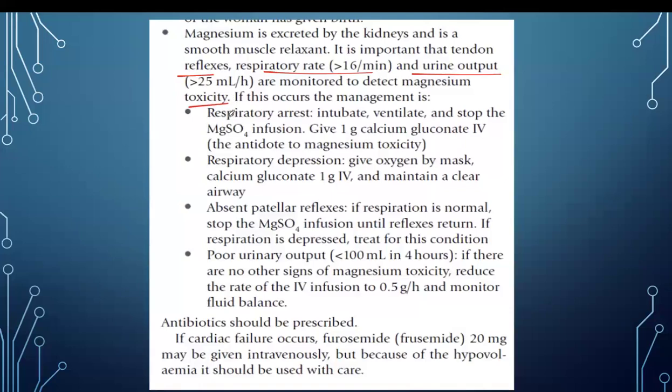If a patient who is on magnesium sulfate starts having respiratory arrest or respiratory depression, you stop the magnesium sulfate and give 1 gram calcium gluconate, because this is the antidote of magnesium toxicity. Okay, so if there is any respiratory depression or arrest, stop the medication, give calcium gluconate.